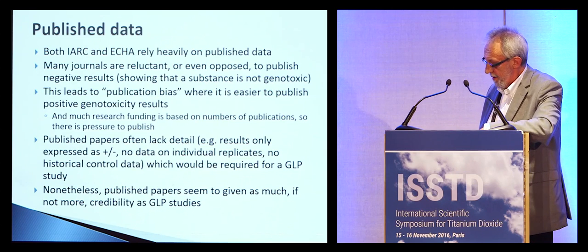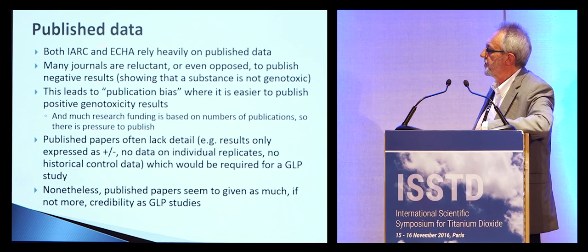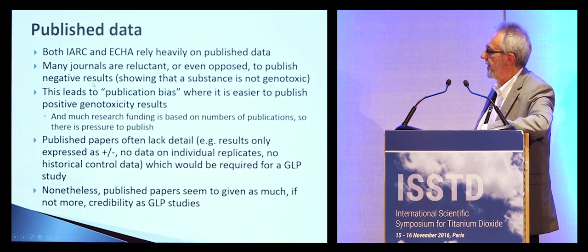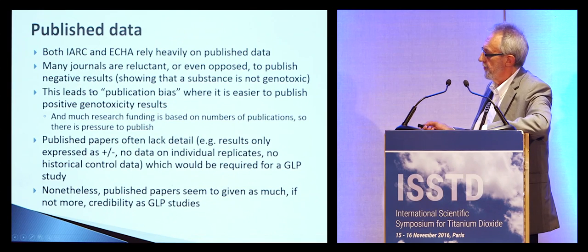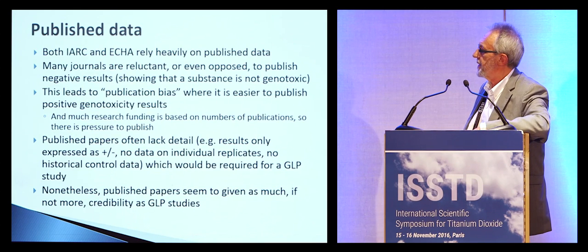But we need to be aware of the fact, and I appreciate this is controversial, that published data play a very key role. ECHA and IARC rely very heavily on published data. But many journals are reluctant or even opposed to publish negative results. You will find a reviewer will say, well, yes, I accept that this is negative, but you didn't score enough cells, you didn't look at enough endpoints, you didn't look at enough tissues, you didn't use enough sampling times.